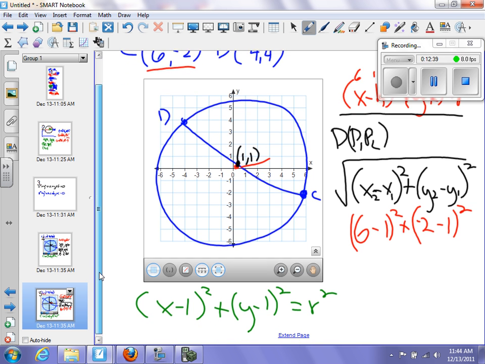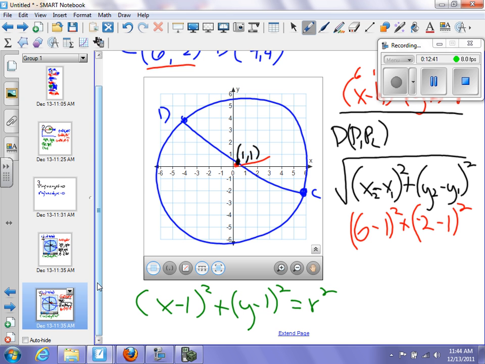So this is going to give me 5 squared plus negative 3 squared, which is 25 plus 9, which is 34.